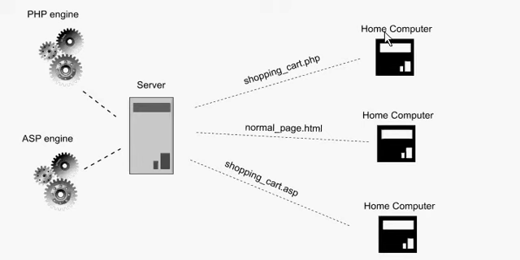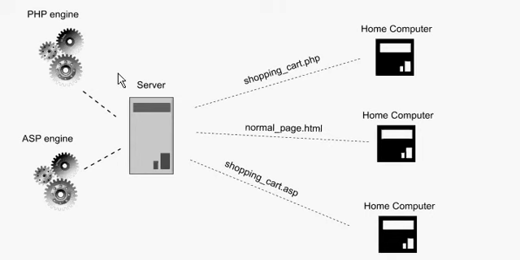So what do I mean by the PHP engine processing the shoppingcart.php page? As you probably are aware, all your PHP programming will go inside of PHP pages. The difference between a normal PHP page and a normal HTML page is that there's PHP code in there. There's basically PHP instructions in the page that tell the server or the PHP engine what to do.